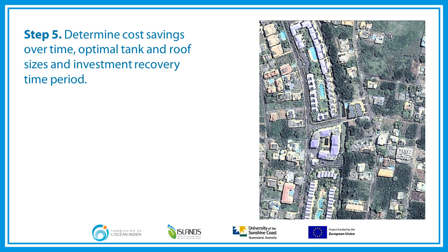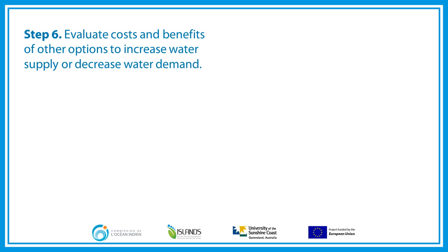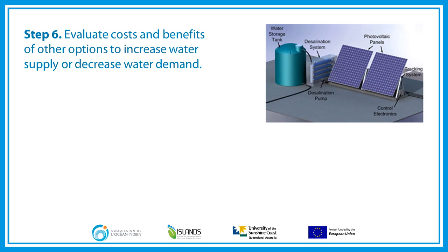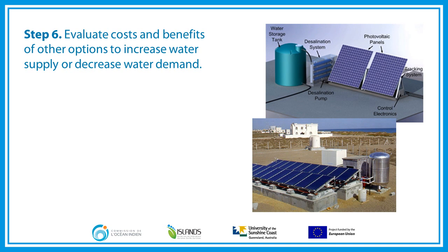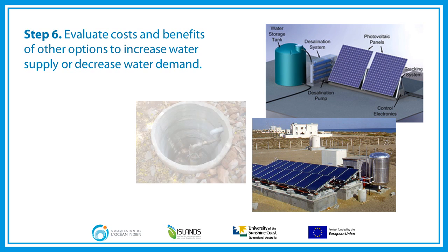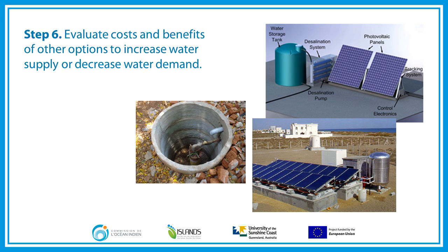An important part of climate change adaptation planning is to consider other ways of increasing water supply and different ways of reducing water demand. This might include installing small-scale desalination facilities or drilling bore wells to access groundwater. It could also include installing water-efficient appliances to reduce demand.